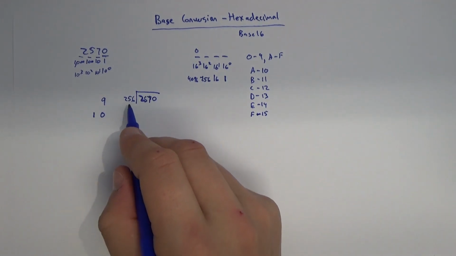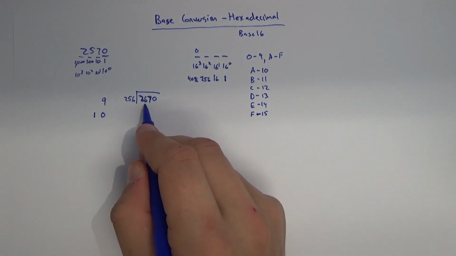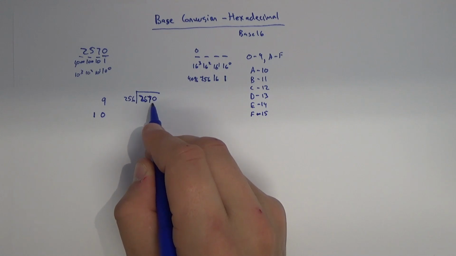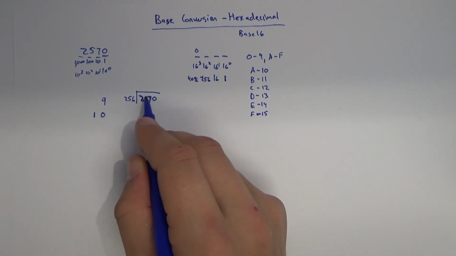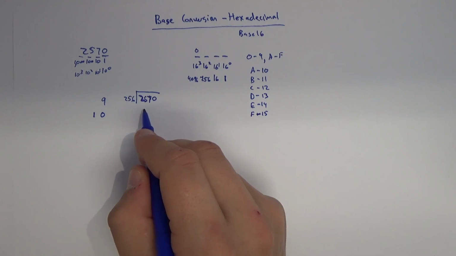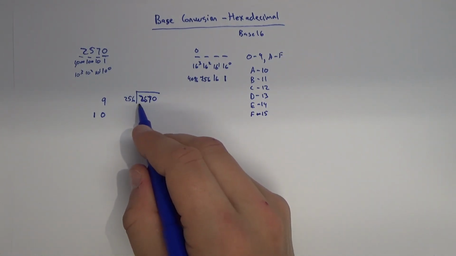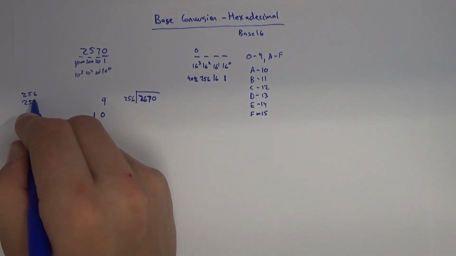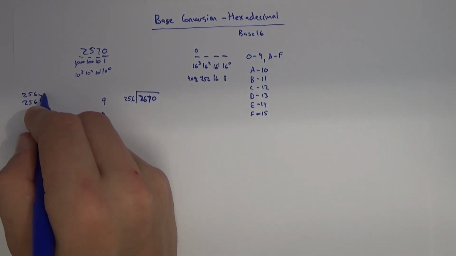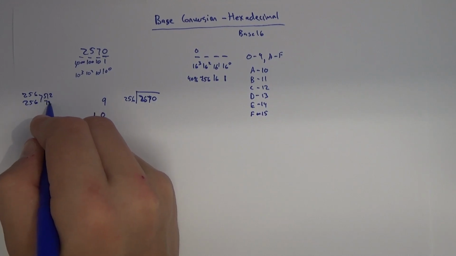Now, because this number 2570 looks an awful lot like 256, it's almost 256 times 10, I can get away with doing this a little bit easier, a little bit of a shorthand, but I might have to count out my 256s off to the side in order to figure out how far I need to go.